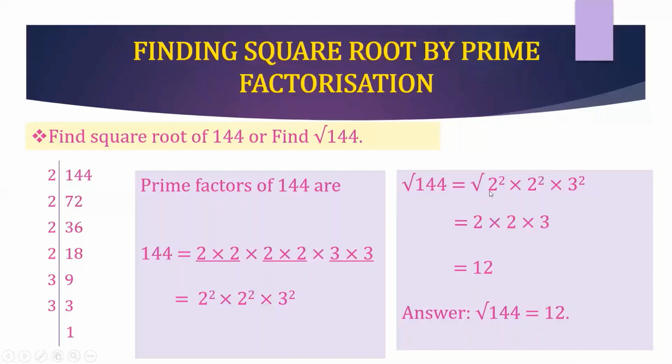You will just write the base, that is 2 and 3, and then the product of these numbers will be the square root of the given number, that is 12 over here. So the square root of 144 is 12.